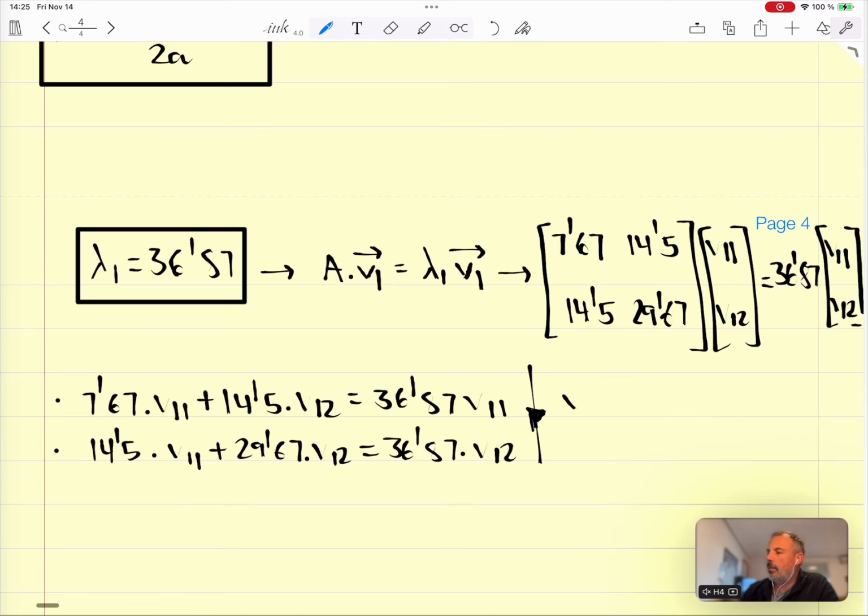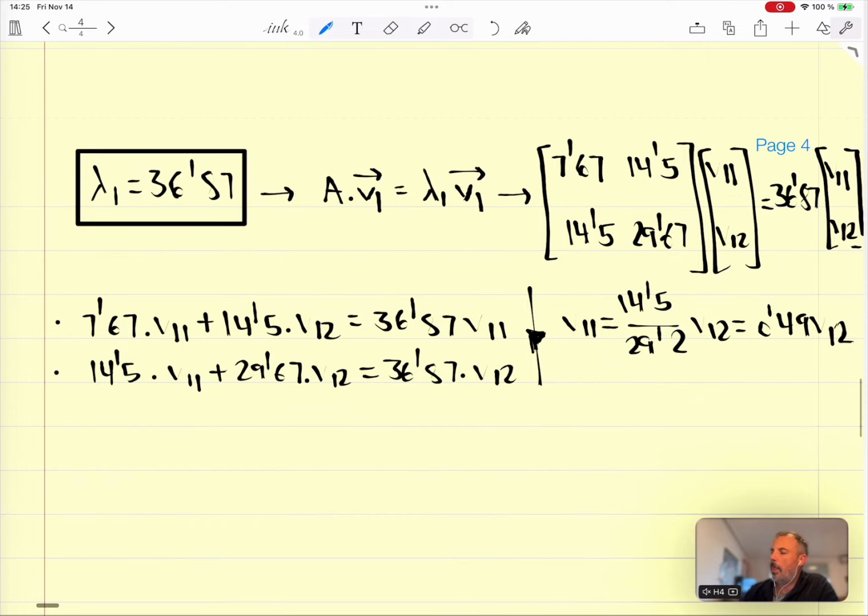like from the first one, V11 is equal to 14.5 divided by 29.2 V12, which equals 0.49 V12.